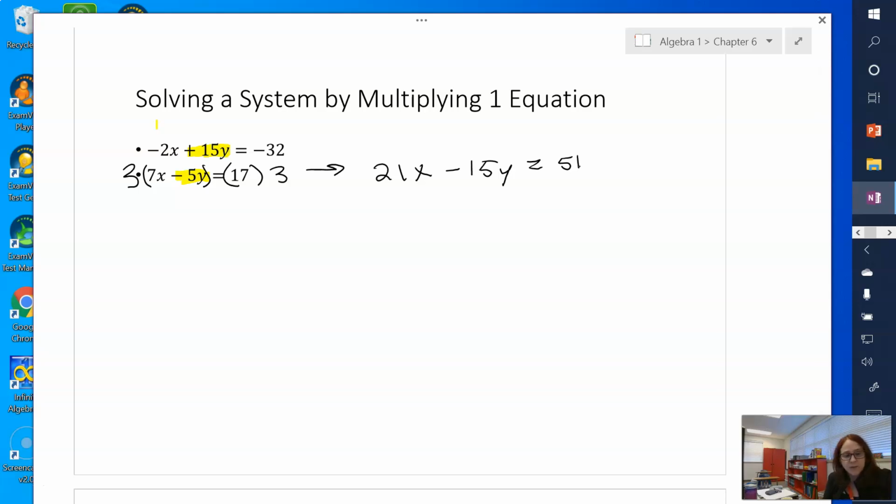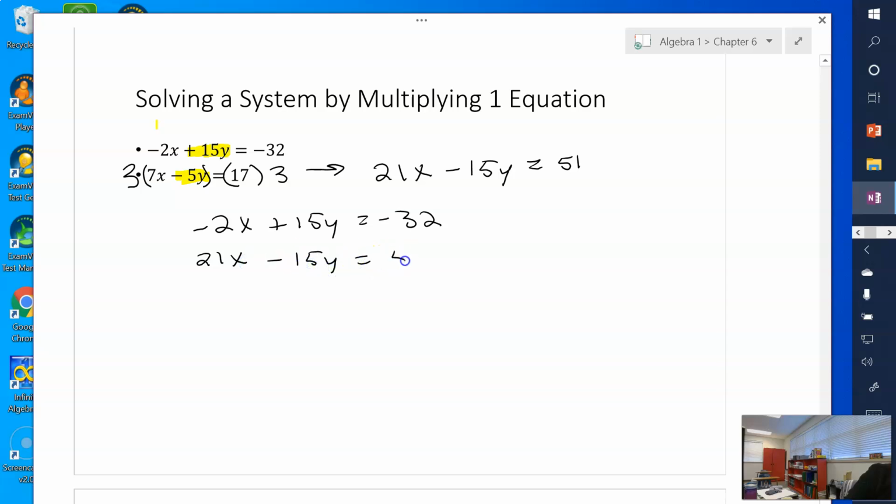That's going to allow us to eliminate y. So negative 2x plus 15y equals negative 32. 21x minus 15y equals 51. So now I can add them like I did in our first example, and those y's go away.